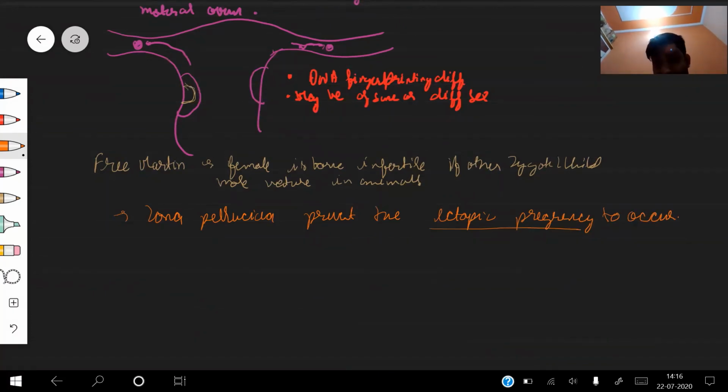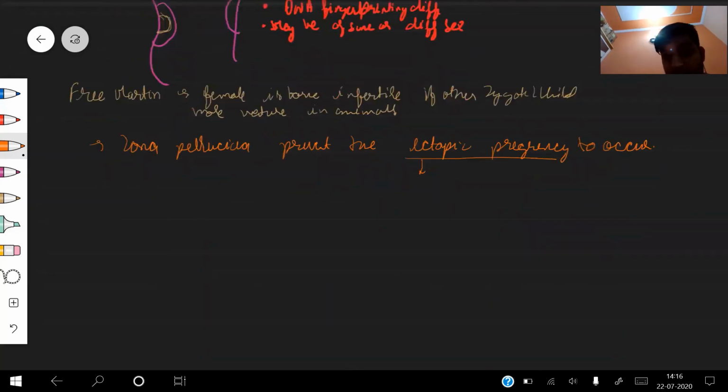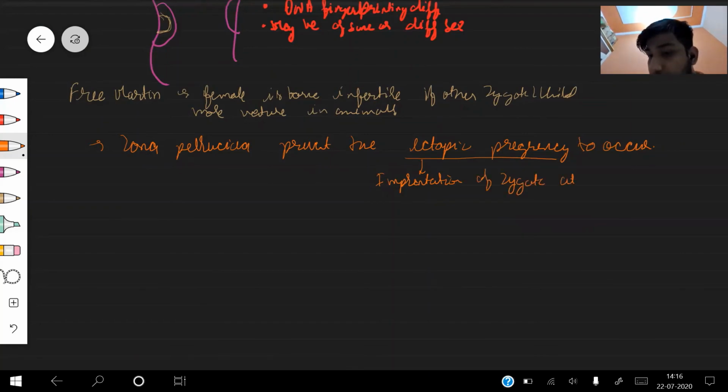What is ectopic pregnancy? It is the implantation of the zygote at places other than the uterus.